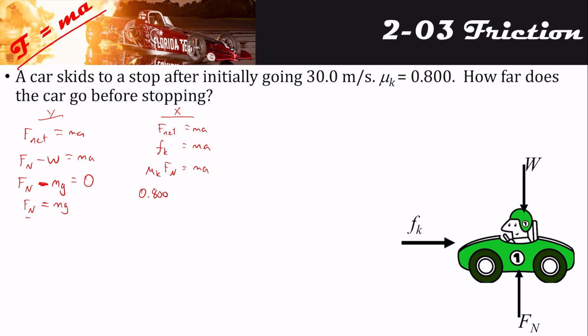Our normal force from the y's was mg. I don't know the mass, but I could divide both sides by the mass. So if I put in 9.8 for g, I can find my acceleration, which would be 7.84 meters per second squared.